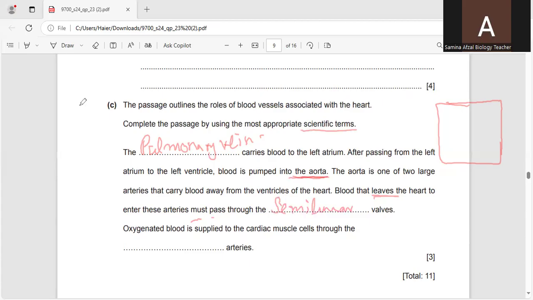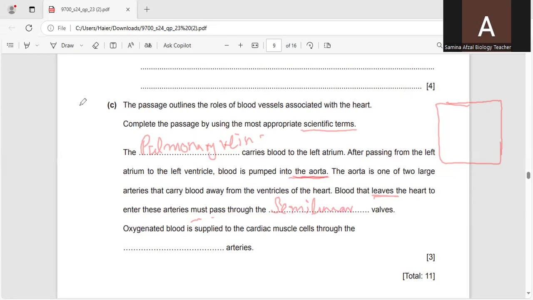So when blood leaves the right ventricle towards the lungs, and the blood leaves the left ventricle towards the aorta, then two semilunar valves are there which stop the backward flow of the blood. Another name for this is the pulmonary valve.